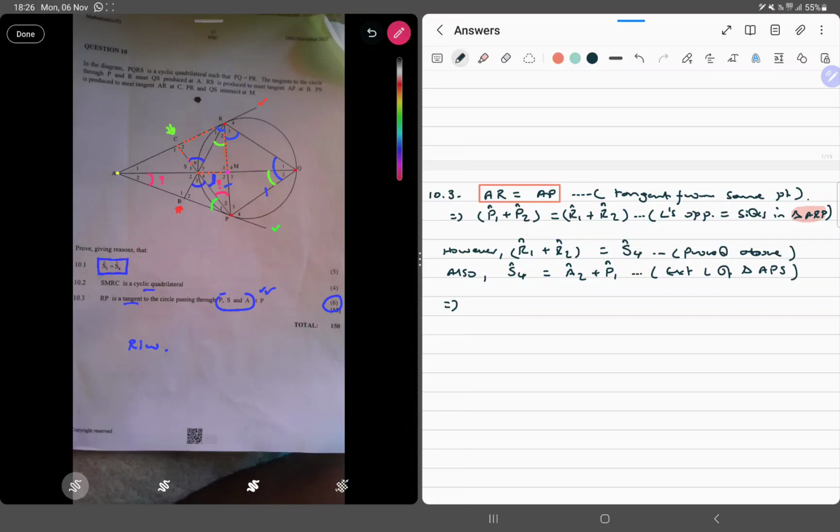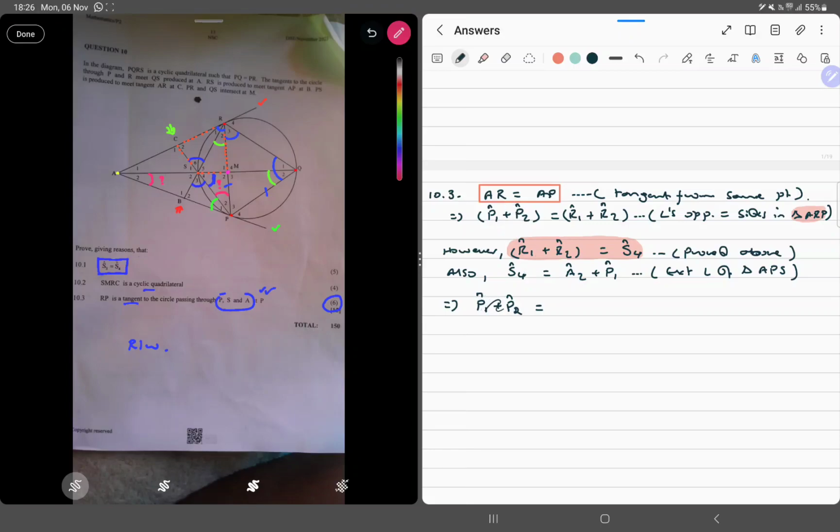This implies that P1 plus P2, as you can see, is equal to R1 plus R2, because you can see the link. Again, they just made these links so distant from each other that you've got to do two things slightly not related to the rest, and then you connect, because you can see R2 is dragged to S4 and S4 drags this one to link up.